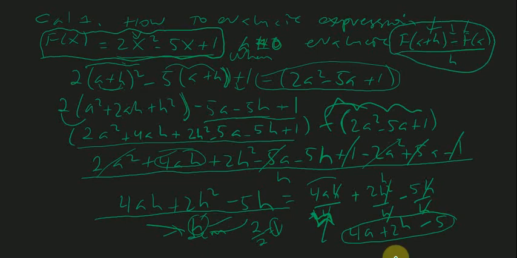This is the way to solve the expression. So when f of x is that, your final answer will be this. This is how you solve it, and yeah, we're done.